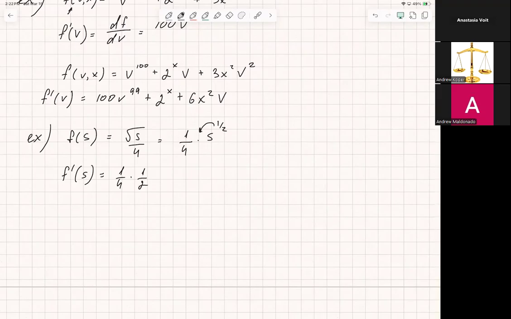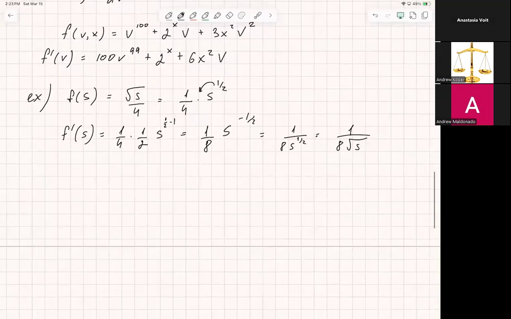So we bring down this 1 over 2 to the front, and we have 1 over 2 s to the power of 1 over 2 minus 1, right? We have 1 over 8 s to the power of negative 1 over 2, meaning that we have 1 over 8 s to the power of 1 over 2 in the denominator, and we know that power 1 over 2, that's the same thing as the square root of s, so this is the final answer that we have.